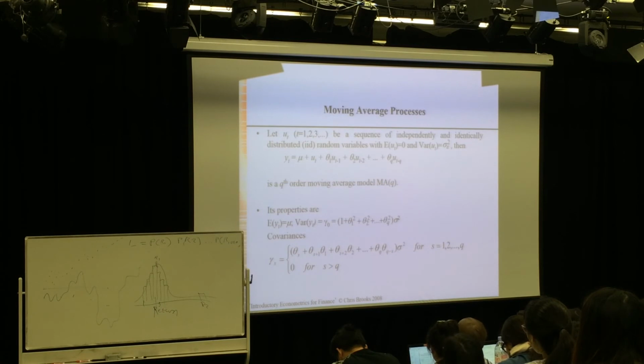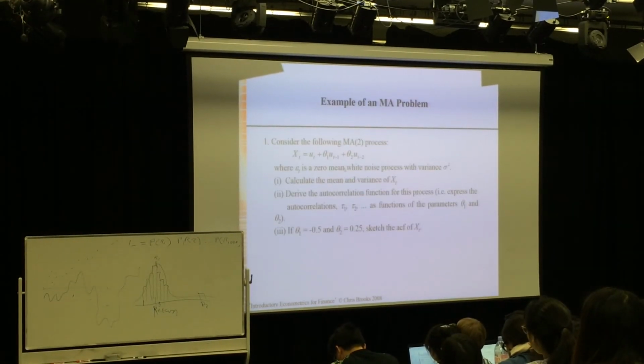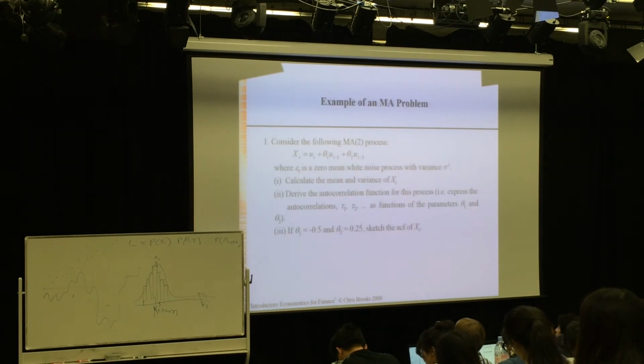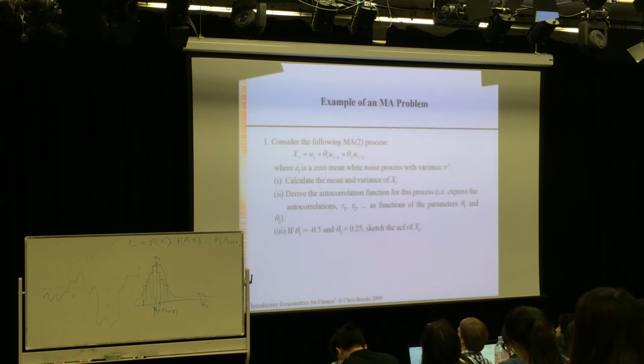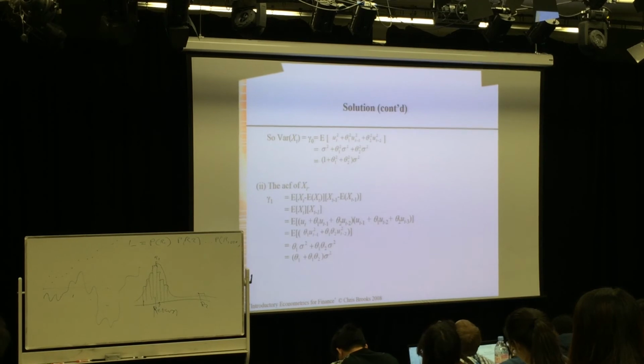There are some statistical properties of these models. I don't expect you to know these or to derive them, but you should know the effect this would have if you didn't treat it, if we didn't look at it. The mean and the variance will change, and it also affects the autocorrelation of the series.